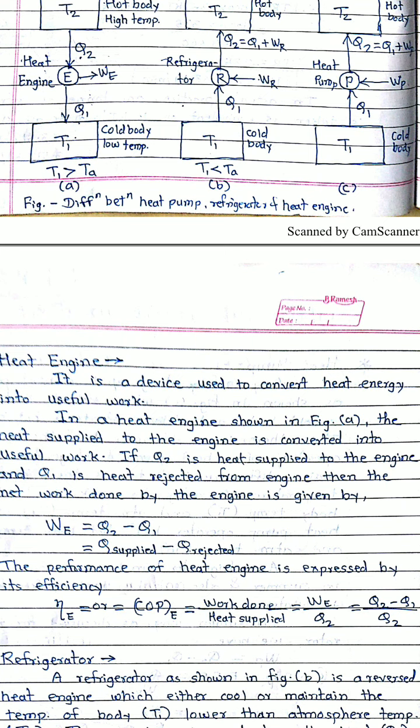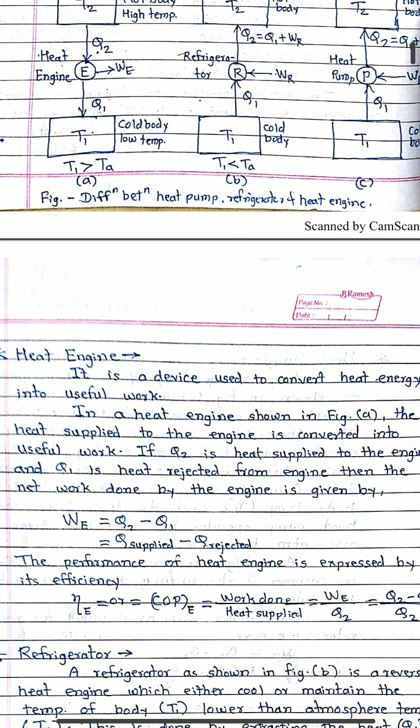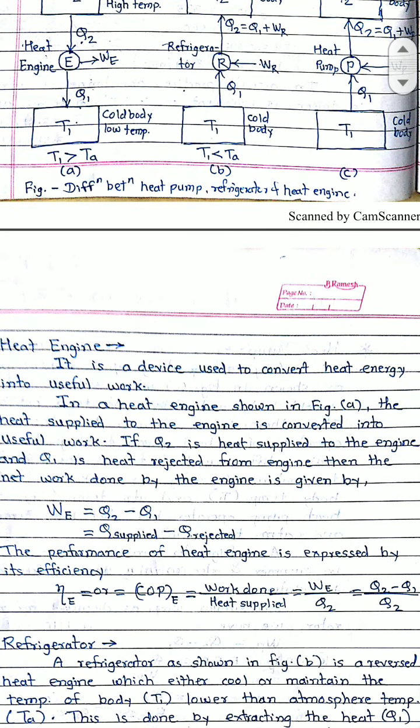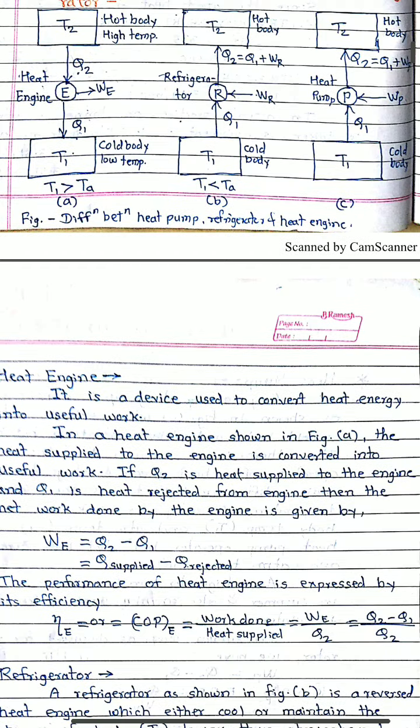So the final formula for the efficiency of a heat engine is Q2 minus Q1 upon Q2, or you can write it as 1 minus Q1 upon Q2. If you observe the term 1 minus Q1 upon Q2, the efficiency is always less than 1.